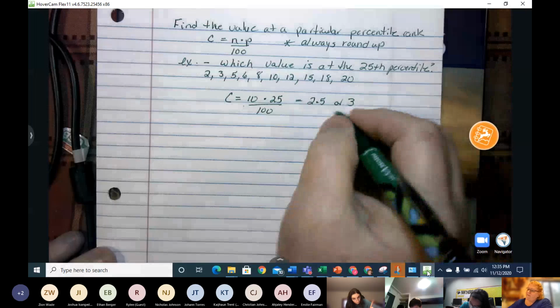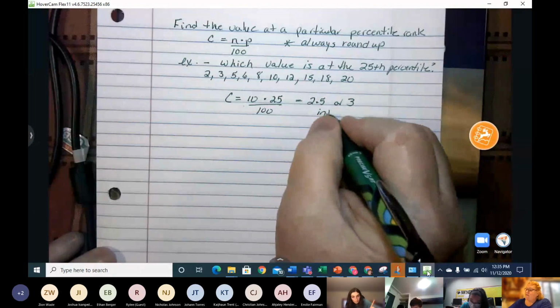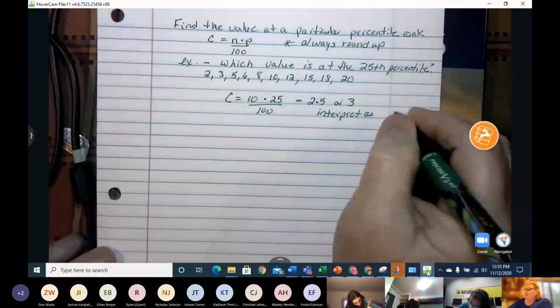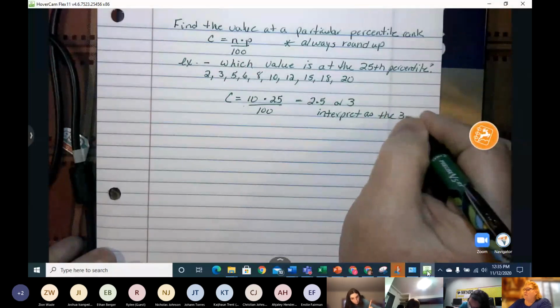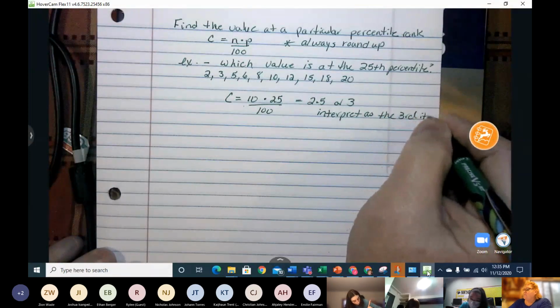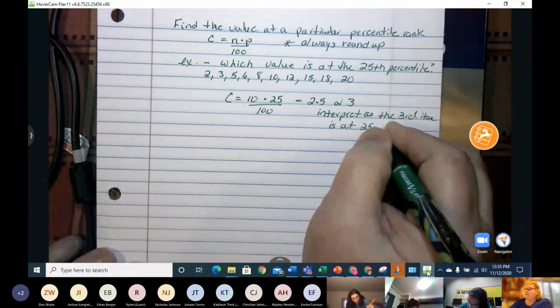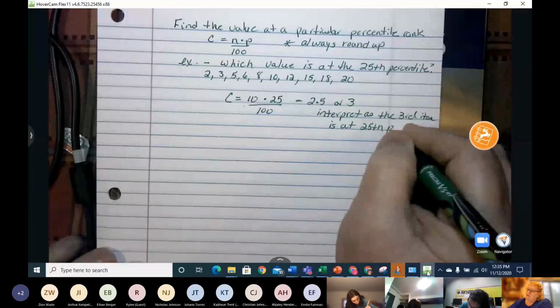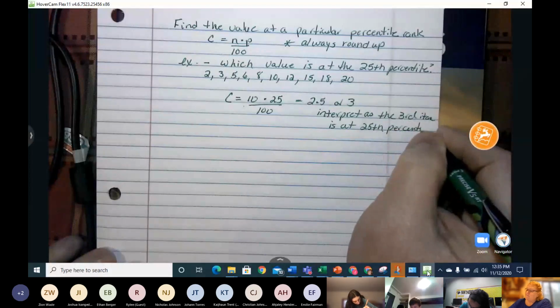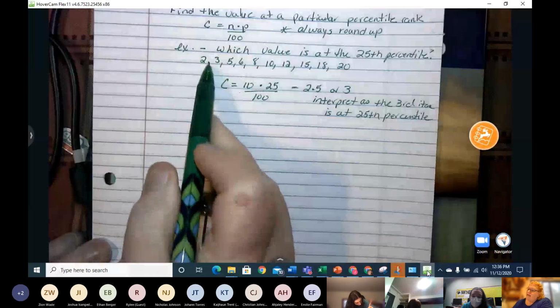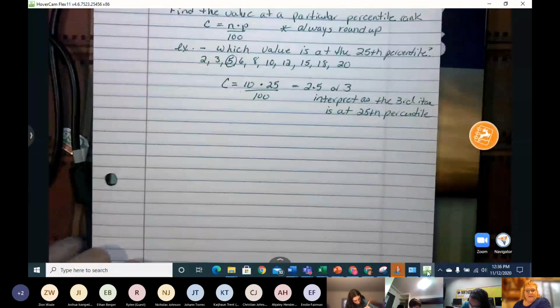Now what this means is the third item is at the 25th percentile. So in our data list, 1, 2, 3 means 5 is the third item in the list.